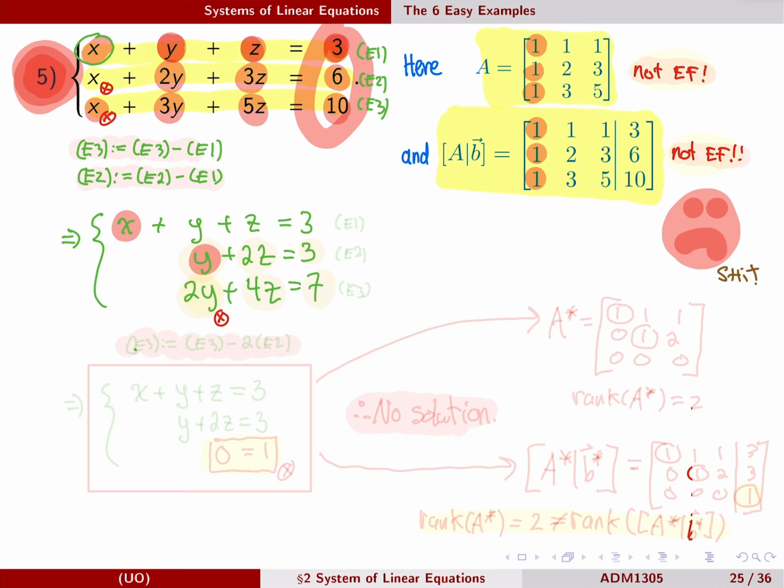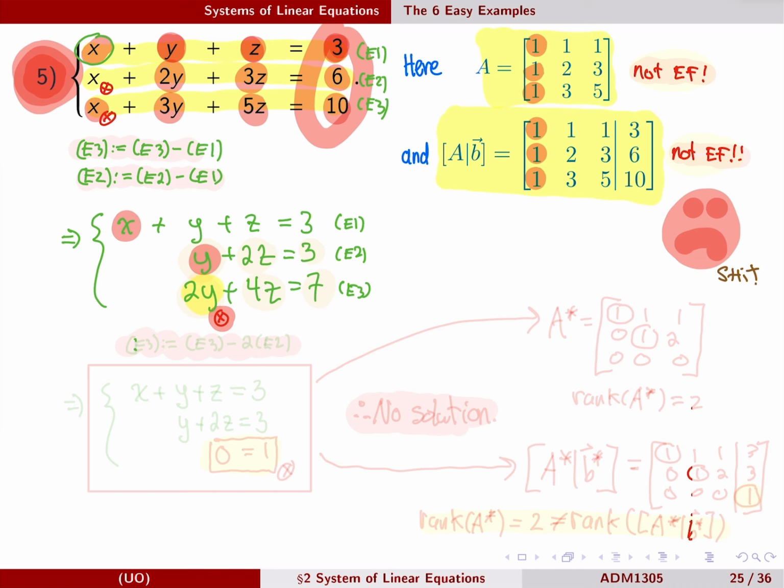All right. For our system to be ready for backward substitution, what we need to do is get rid of that y in the third equation. So again, if we label our equations, first equation, second equation, and third equation. So I want to get rid of y.